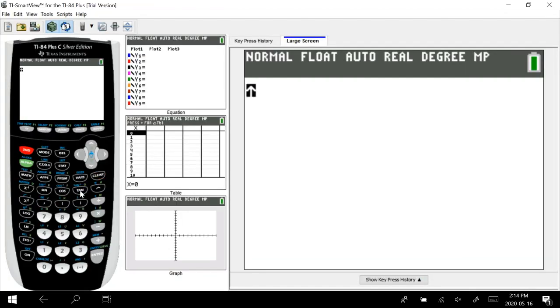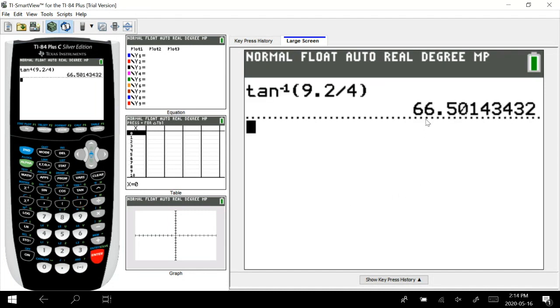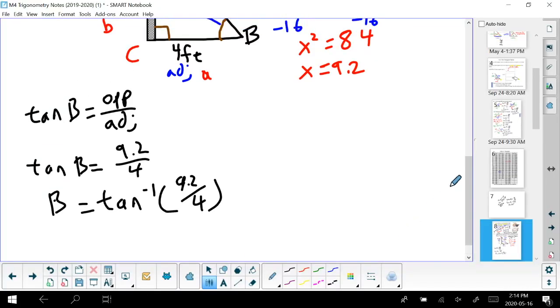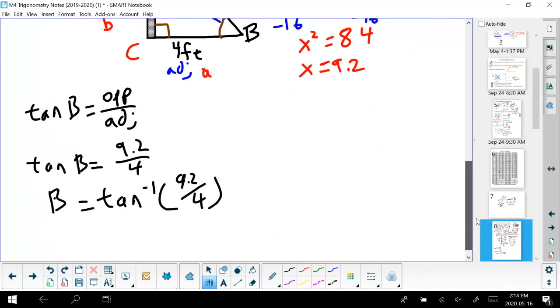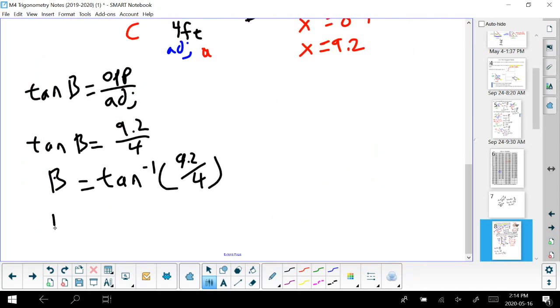So we're going to go second tangent 9.2 divided by 4, close off my bracket, hit enter, and we end up with 66.5 degrees.